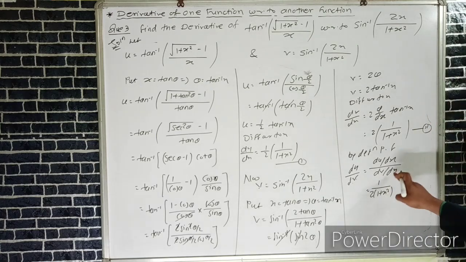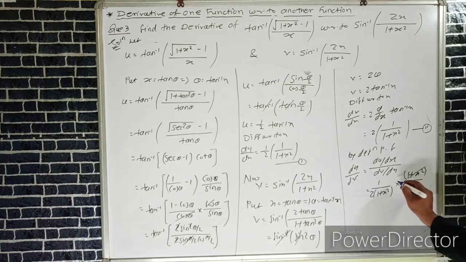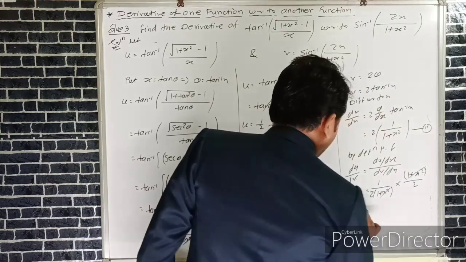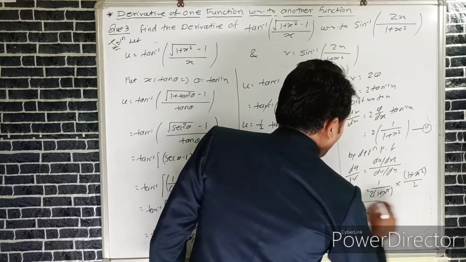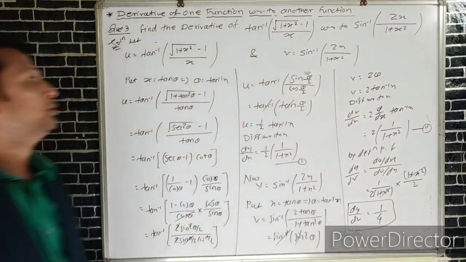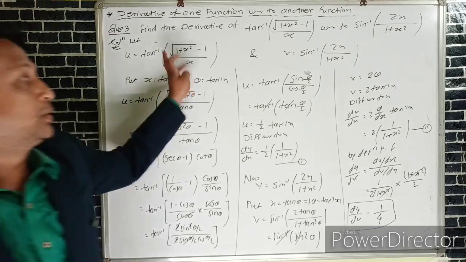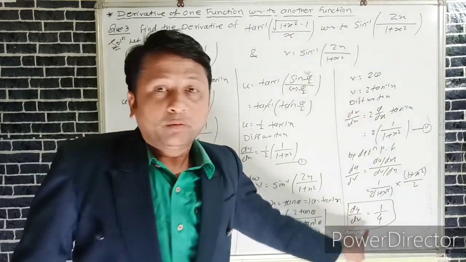We can write dv by dx in multiplicative form, which is 2 into 1 plus x square upon 2, by interchanging denominator and numerator. Here 1 plus x square cancels. We get du upon dv is equal to 1 upon 2 into 2, that is 1 by 4, which is the required derivative of the first function with respect to another function.